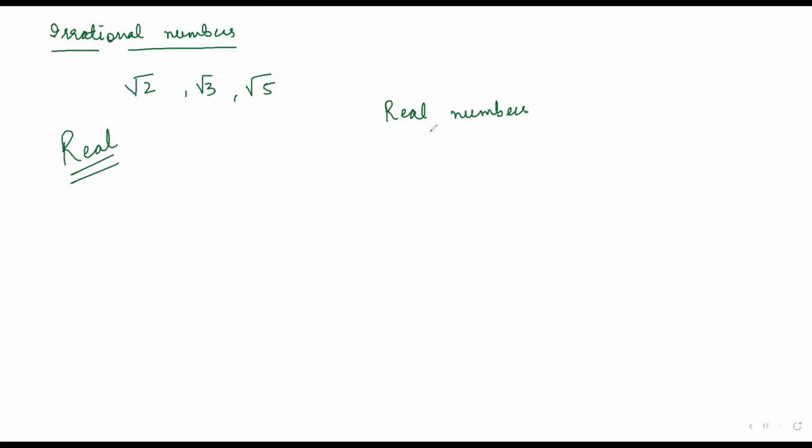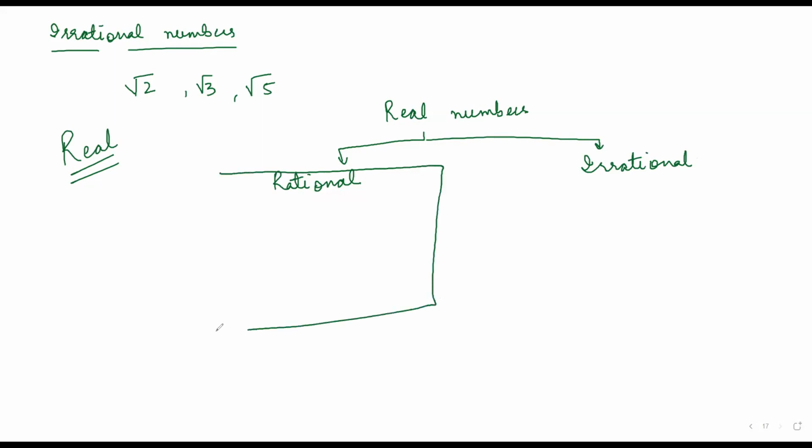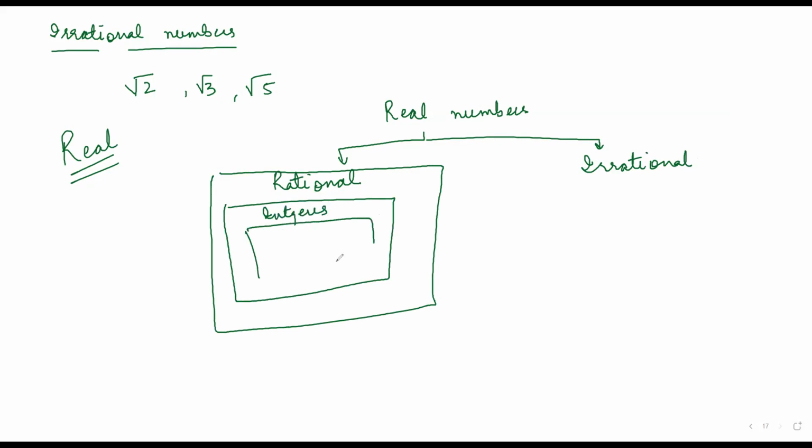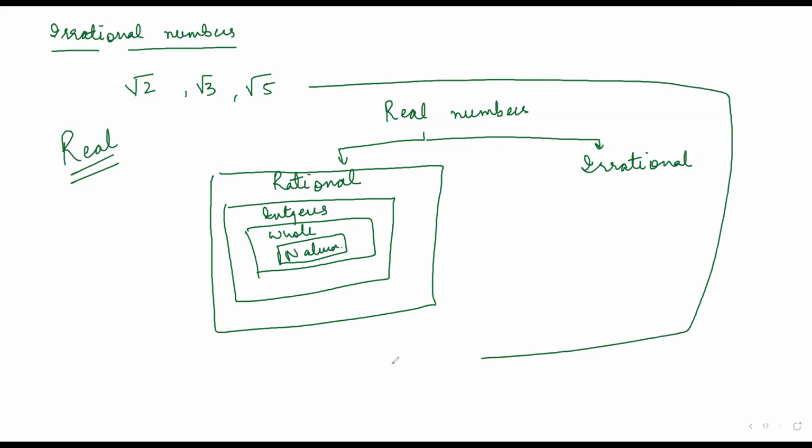First of all, it will contain 2 types of numbers: one is rational and one is irrational. Now this rational is one box. It contains integers inside it, as we have seen. Then this integer box contains whole numbers inside it, and this contains natural numbers inside it. And this complete thing is your real number box. Understood? So that's the complete picture.